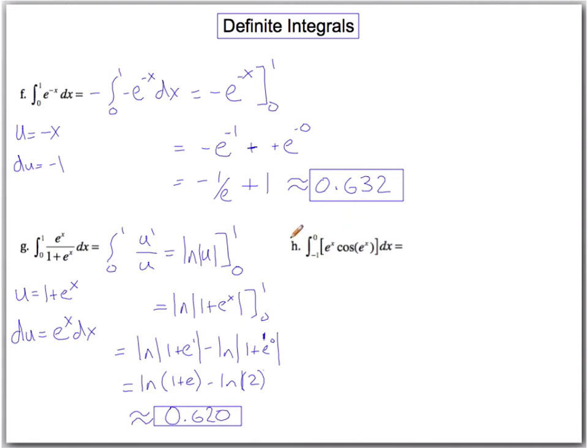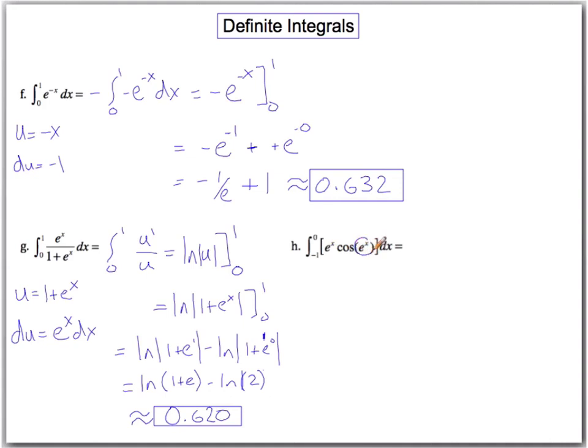All right, so in analyzing letter h, we have the definite integral from negative 1 to 0 of e to the x cosine e to the x dx. So we see a lot of things happening here. I see a product, but I also see a composite function in that we have the cosine of another function.